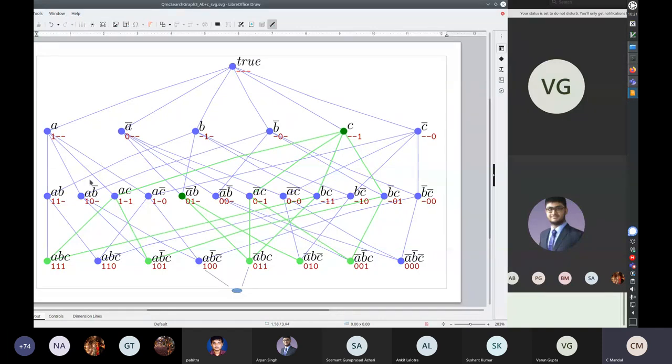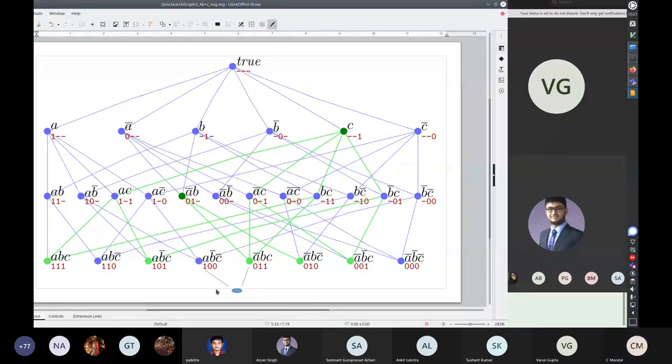If this entire lattice which is shown results from the stone construction starting from the atoms, these are the atoms, as you can see, just above the bottom node, that is the false node.